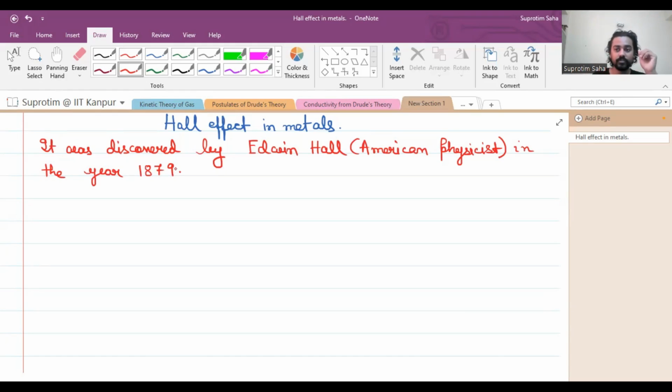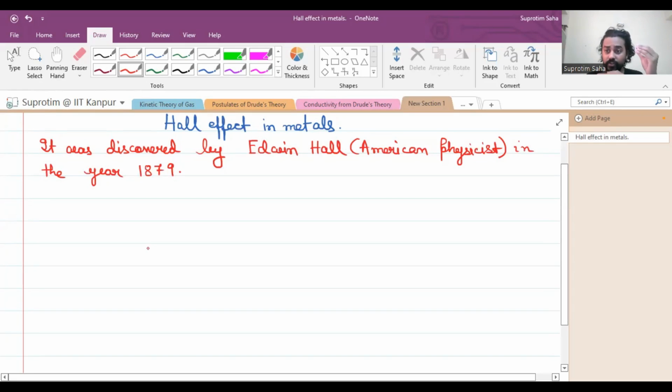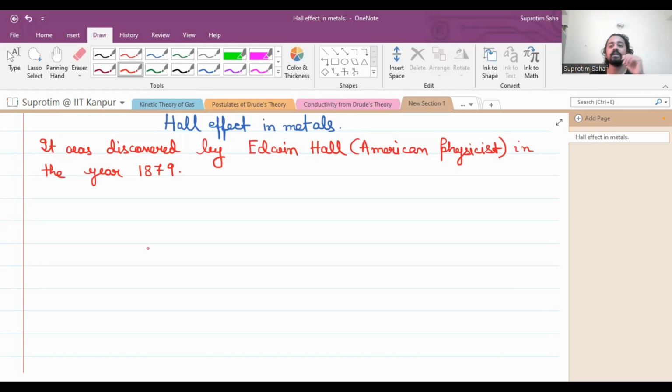He thought that because the electrons are current carrying charge carriers, in presence of a field they will feel a force, and does that force act on the whole of the conductor or only the electrons? So he thought that the electrons may be drifted to one side of the conductor so that it may affect the resistance.